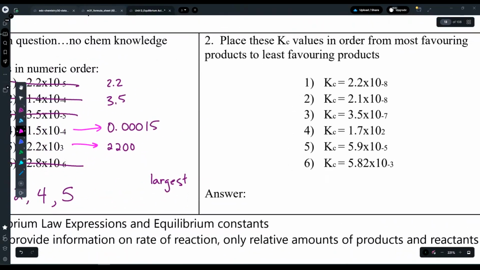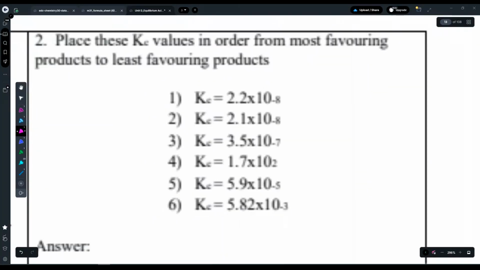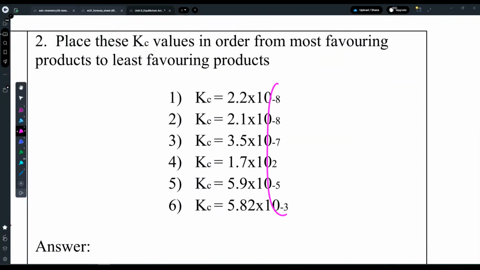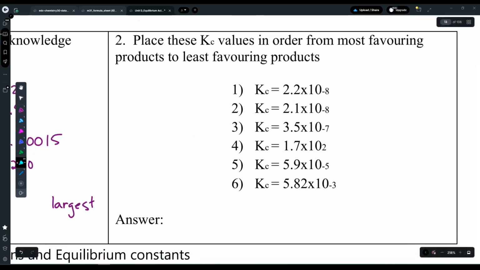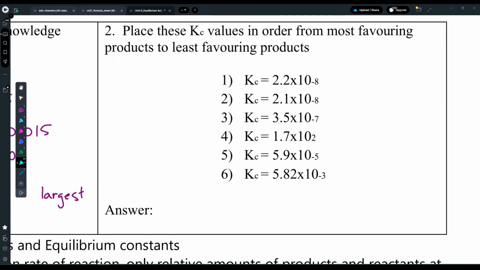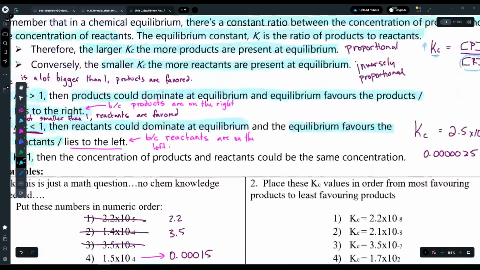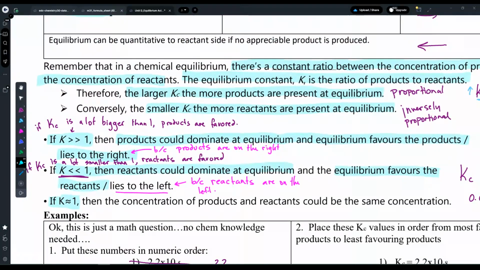All right, so let's do the same for this set of numbers over here. Again, all of these values behind the times 10 should be superscript. Just a heads up on that, all of these are exponents. We've got to place these equilibrium constant values in order from most favoring products to least favoring products. As we said before, the bigger the equilibrium constant, the more your products are going to be favored.